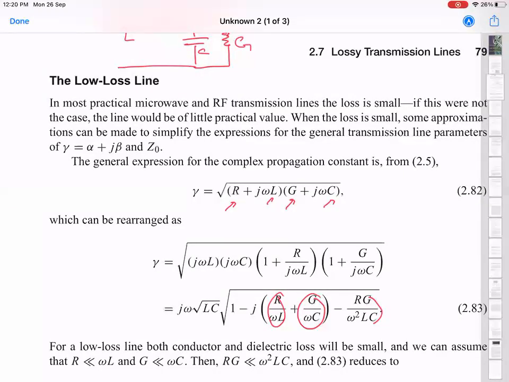That's why sometimes this is also called a high frequency approximation, because you will never be able to get into this situation at very low frequencies, because at omega equal to 0, this term sort of goes up. But we're also not concerned about very low frequencies when we're talking about microwave engineering, because that's sort of outside.